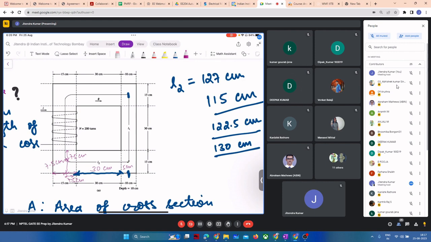Sir, we can also go from inside, not the correct midpoint. Okay, you mean to say that shortest distance you want to travel? Yes, sir.